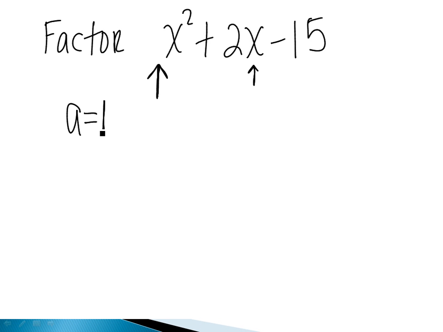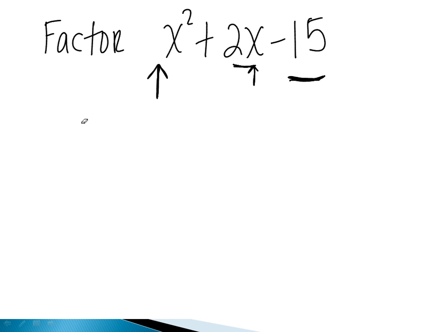Let's proceed. When a equals 1, this is normally the simpler case to factor, so it's really an easy process. What you need to do is find factors of this last term, negative 15, that when you add those factors together, you get the middle term 2x.